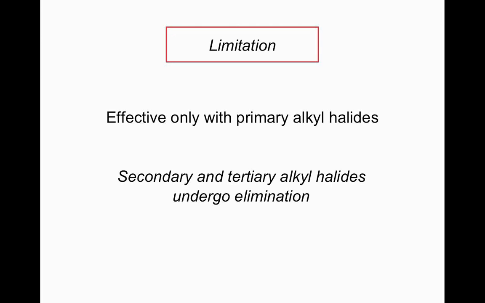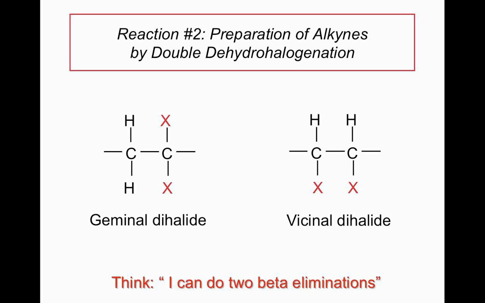This is because alkynes that are converted into carbanions are very, very strong bases. And remember what happens when you combine together a strong base with a secondary or tertiary alkyl halide. You don't substitute, instead you eliminate. So if you want to do an alkylation reaction, remember that the functional group that you must work with has to be a primary alkyl halide.